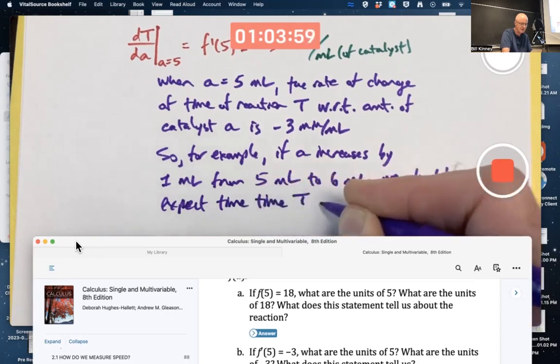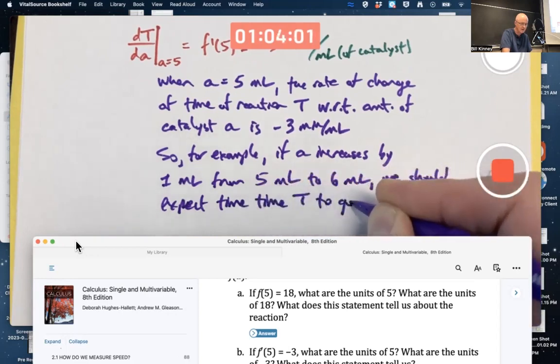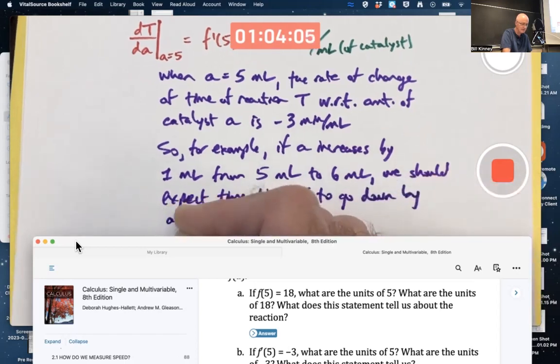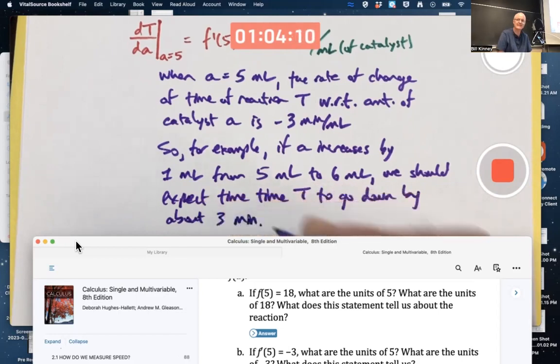The time T to go down by about 3 minutes. Down because the derivative was negative in value.